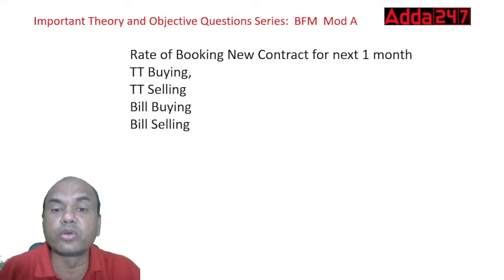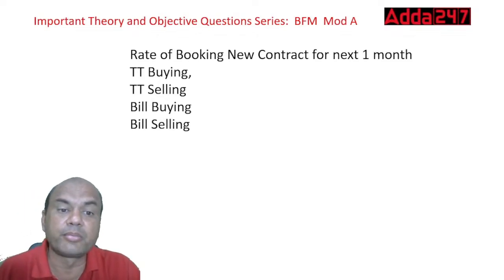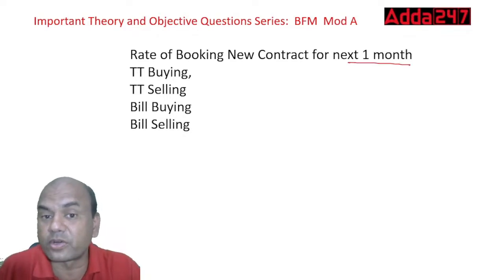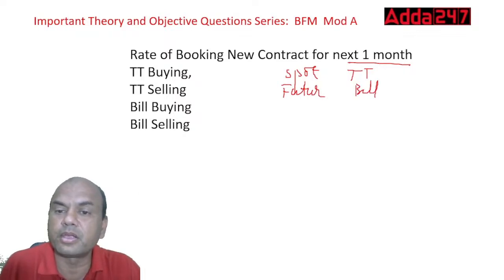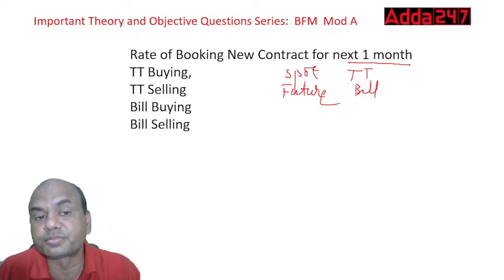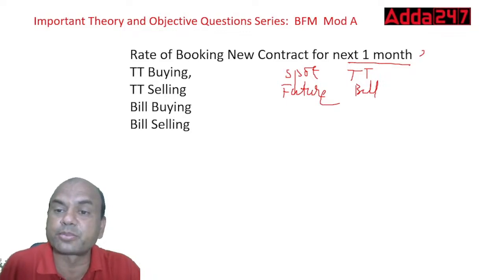Rate of booking a new contract for the next 1 month: TT buying, TT selling, bill buying, bill selling. Here, I want the next 1 month. Just now I told you, spot transactions will always be done at TT, whereas future transactions will always be done at bill rate. Suppose it is an export contract.